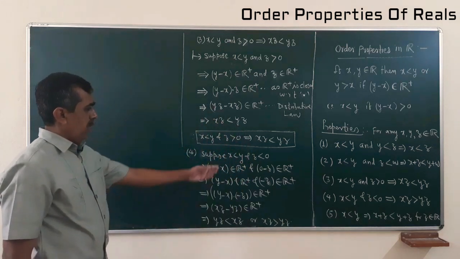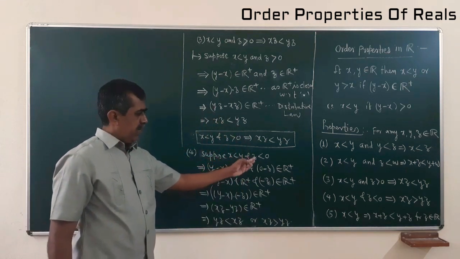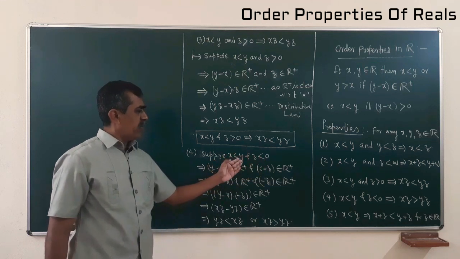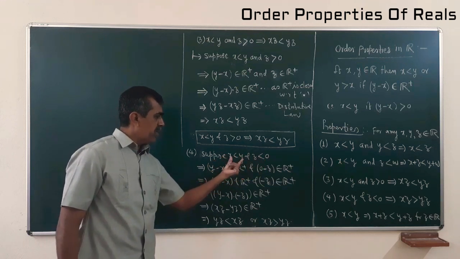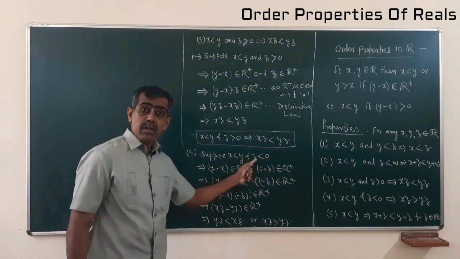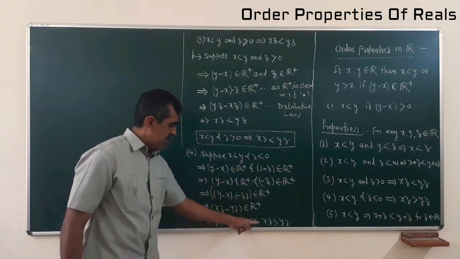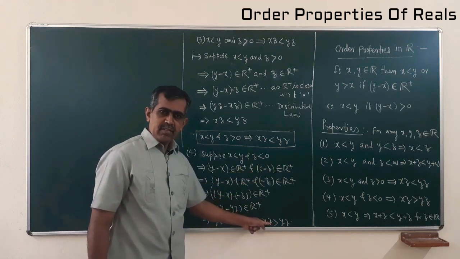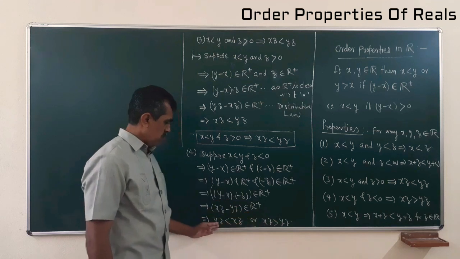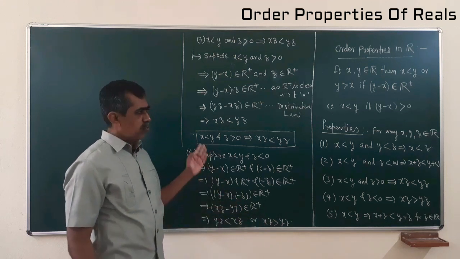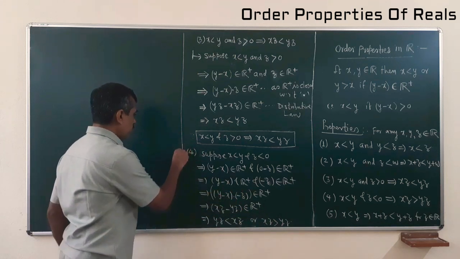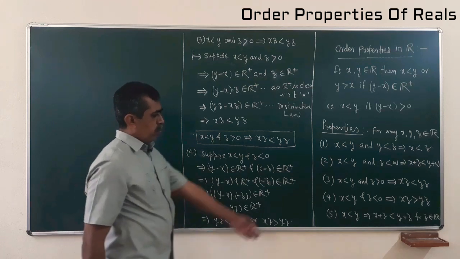So if x is less than y and you multiply this inequality by a negative real number, the inequality changes: xz greater than yz, or yz is less than xz. This is how you can prove the fourth property.